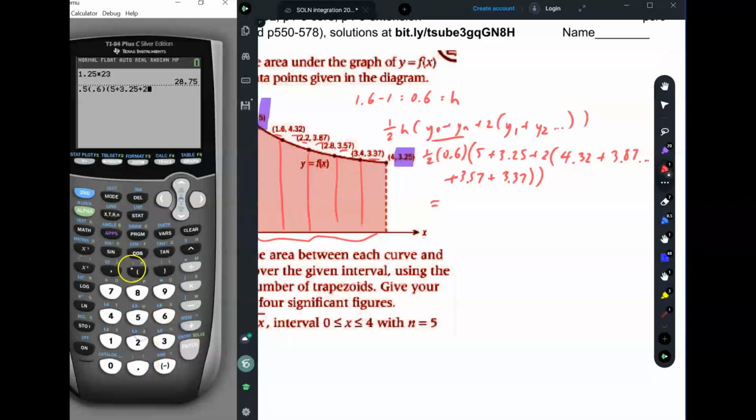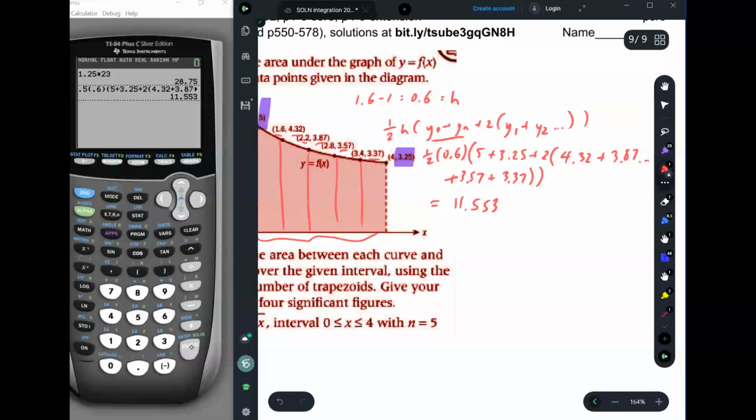And then I multiply the middle heights times 2: 4.32, 3.87, 3.57, and 3.37. Two parentheses to close, enter, and the answer is 11.553.